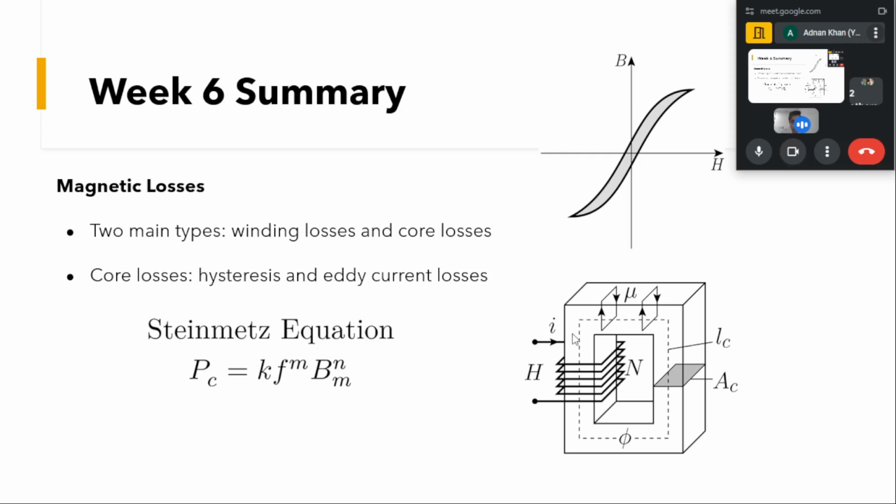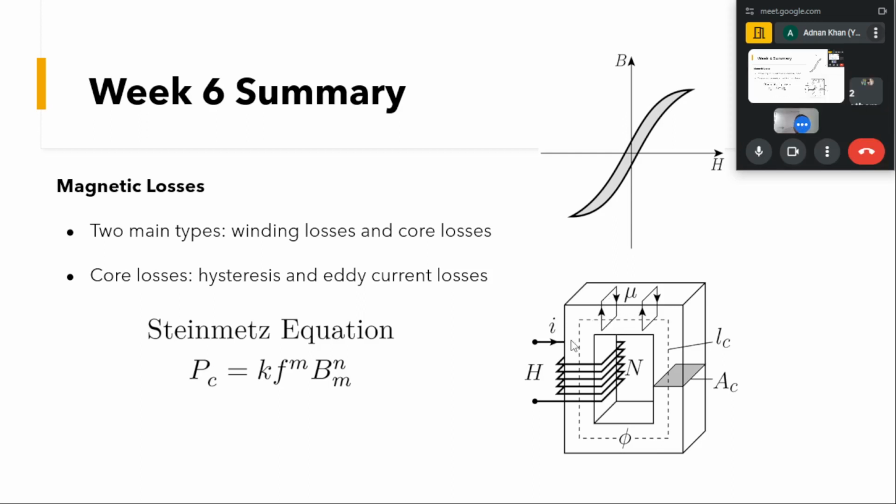So if you can see here, this flux is flowing through this core, and this phi is changing, which will cause small EMFs to generate inside the core, which will cause small currents. Because of that EMF, small currents will flow inside the core, and these currents are known as eddy currents.